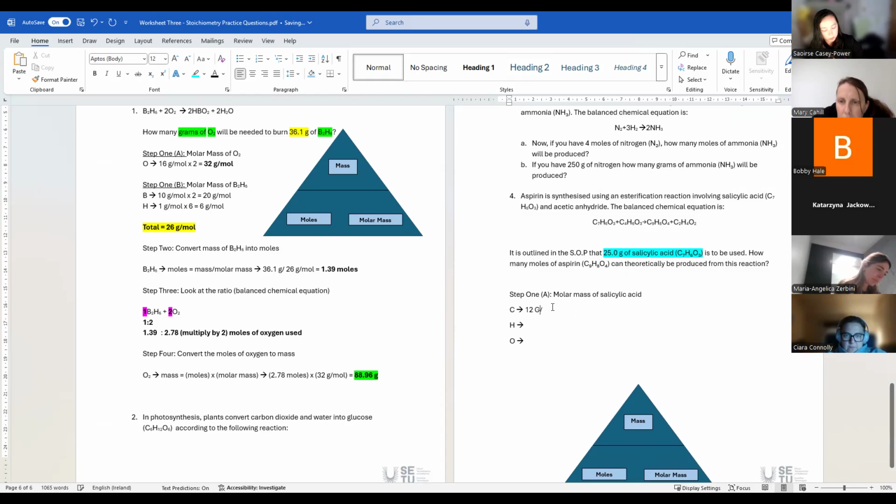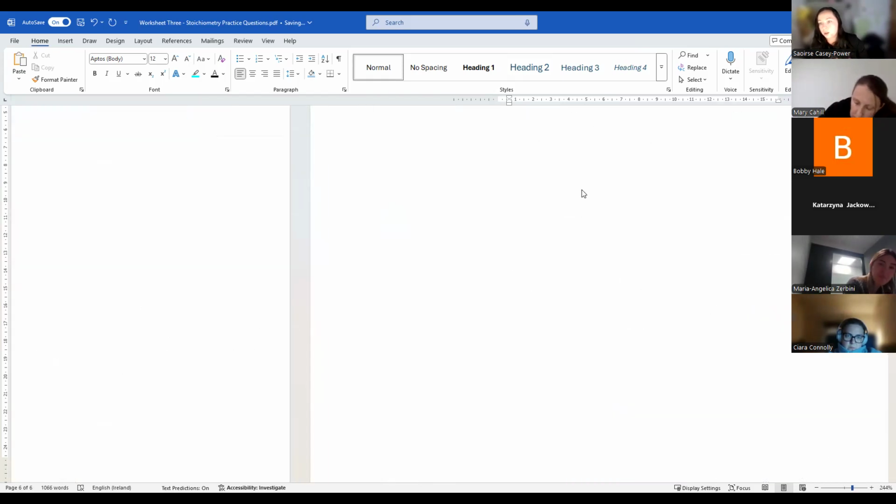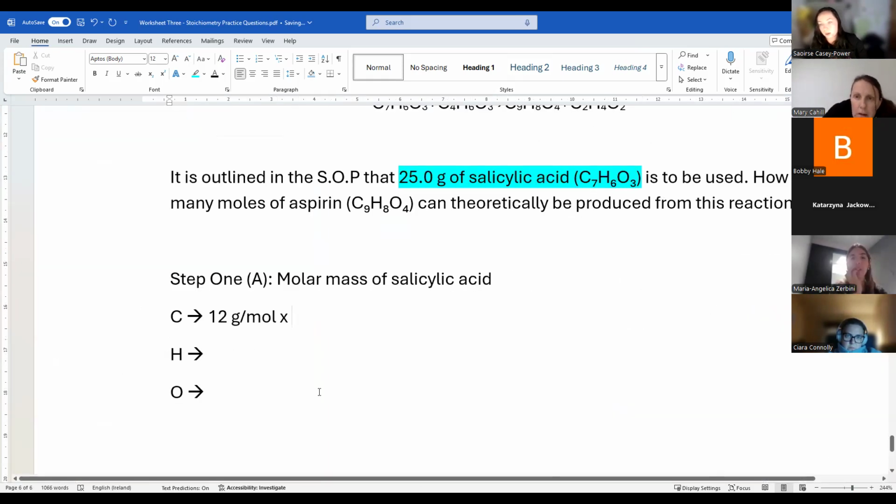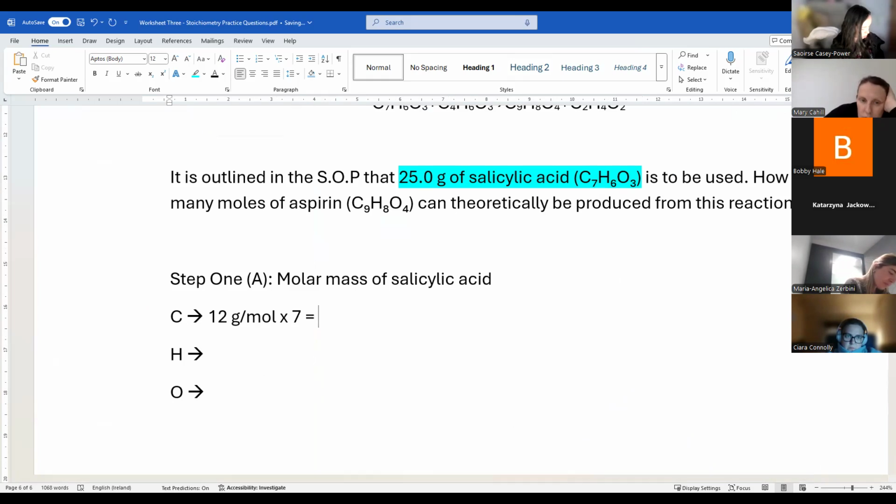Okay, so as we have before, 12 grams per mole for our carbon, multiplied by our 7 carbon atoms. C7H6O3, I have 7 carbon atoms there. So that will give me 84 grams per mole in total for my carbon.